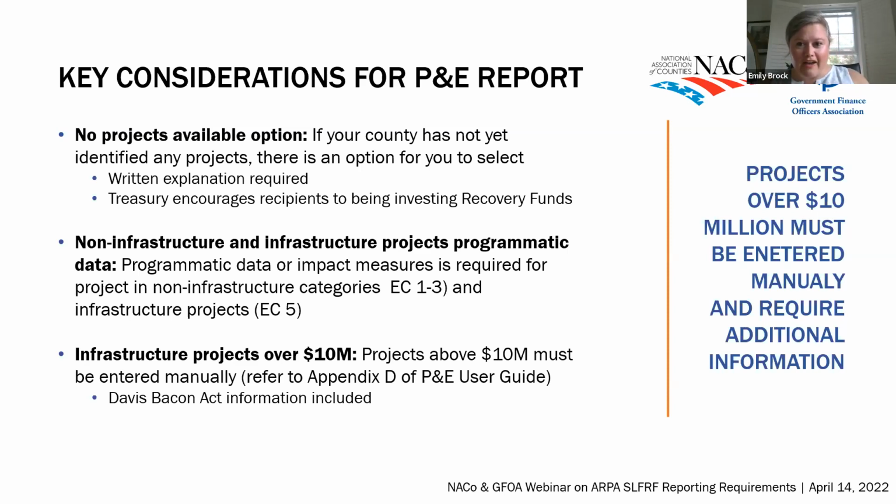So in EC5, which is water, sewer, and broadband infrastructure, they note in the compliance and reporting guidance that if the total spend of the project is over $10 million, all of the information required for that infrastructure project has to be entered manually. And you can find that information in Appendix D of the Project and Expenditure Report User Guide.